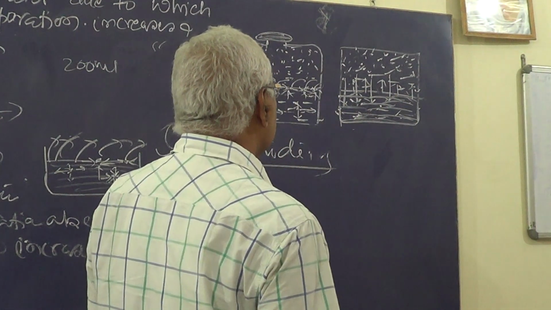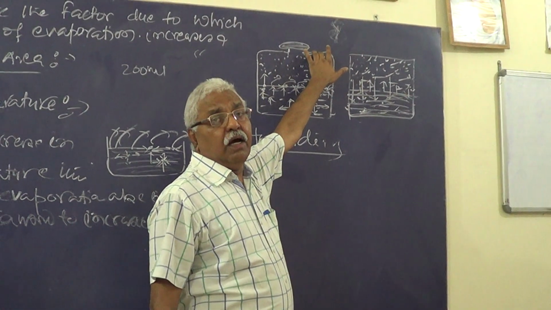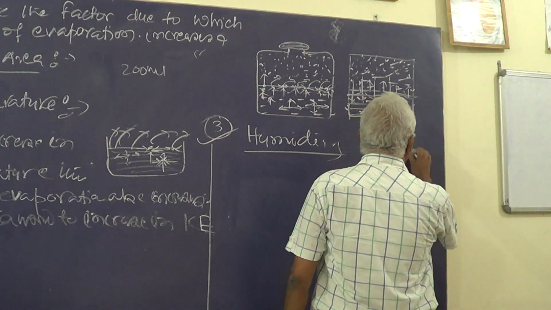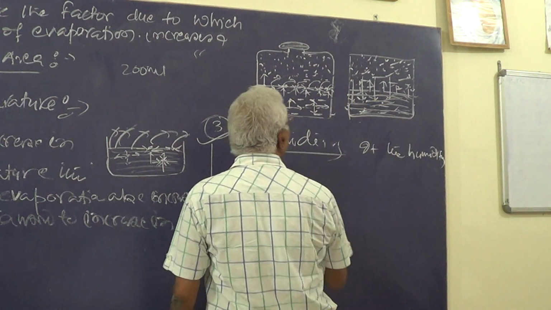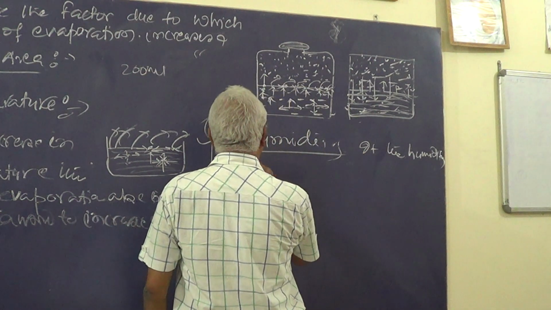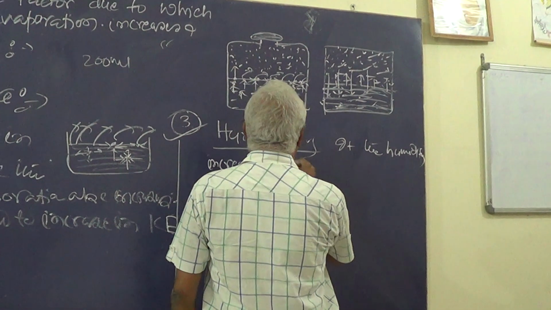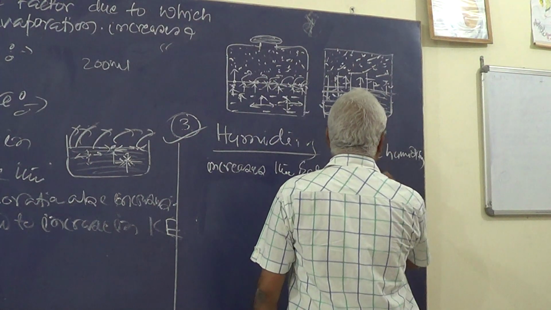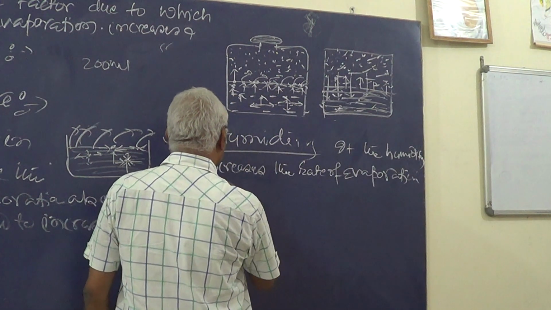Children, the question is, what is the effect of humidity? If the humidity is more, the rate of evaporation will be less. If the humidity increases, the rate of evaporation decreases.